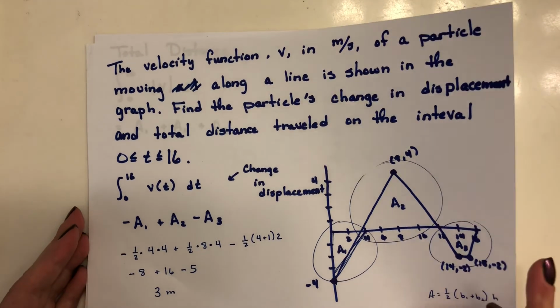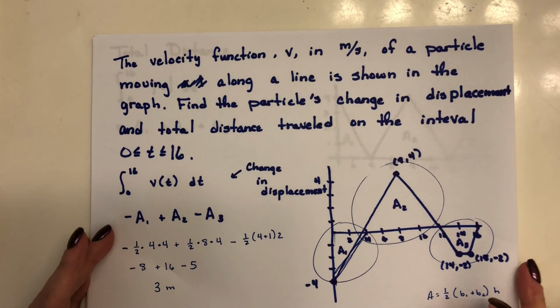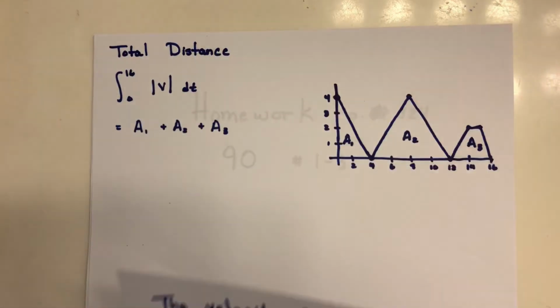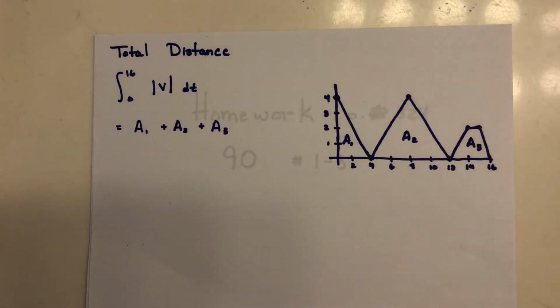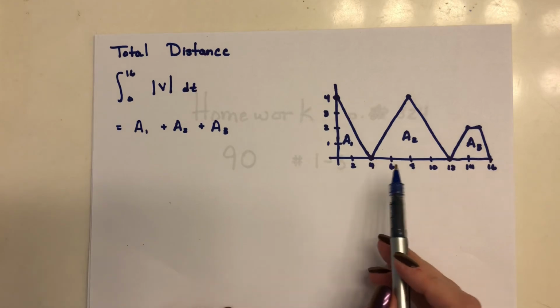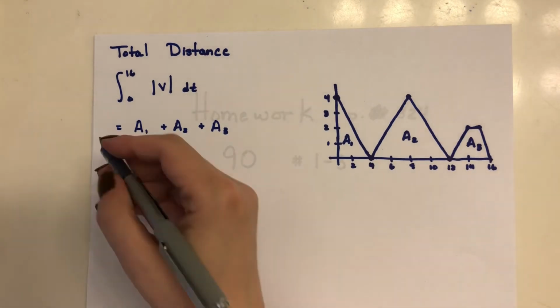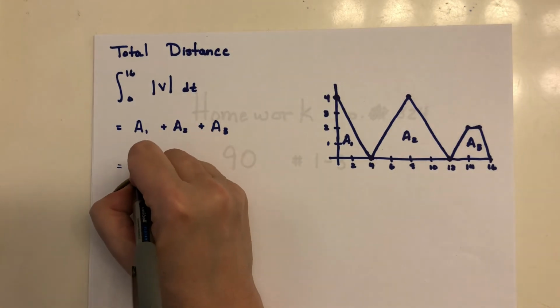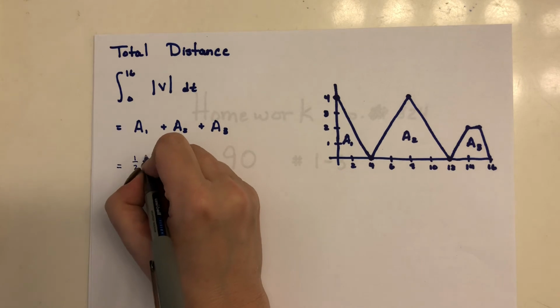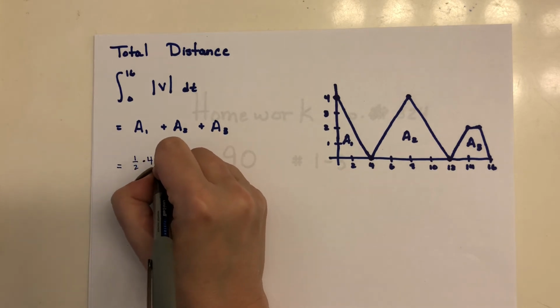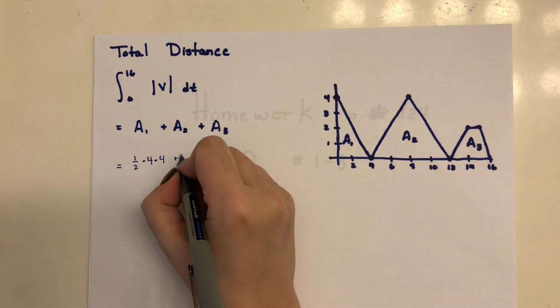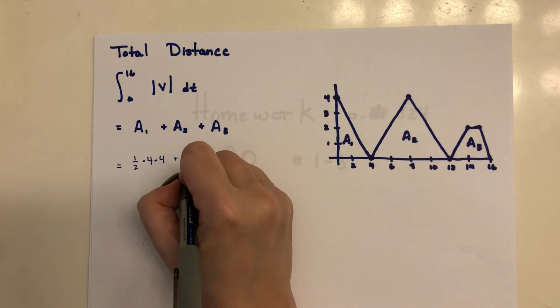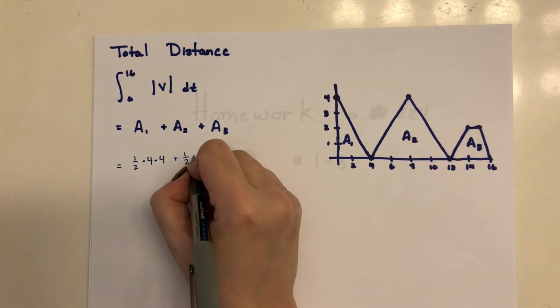All right. Now, the second question on that is, what's your total distance? So total distance is going to be a little different. So in this case, we want only positive values. Now, we have already calculated A1, and again, I want to look at that positive area. So notice I'm not going to make it negative this time. Then I'm going to get my second area. That's that big triangle right there in the middle.